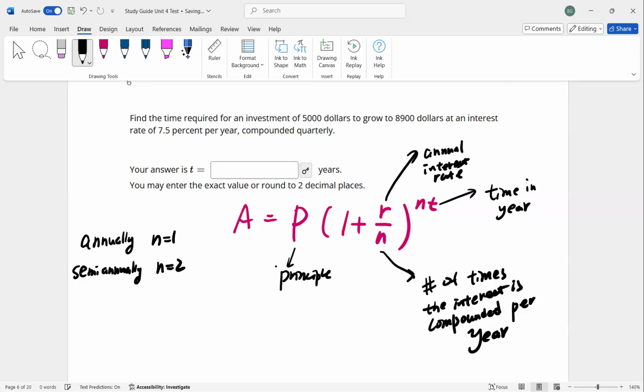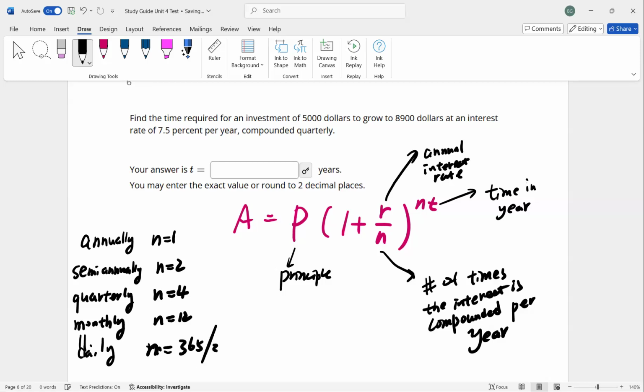If compounded every quarter, 4 times a year, quarterly, n equals 4. If compounded monthly, 12 times a year, n equals 12. If compounded daily, n equals either 365 or 360, depending on the bank.